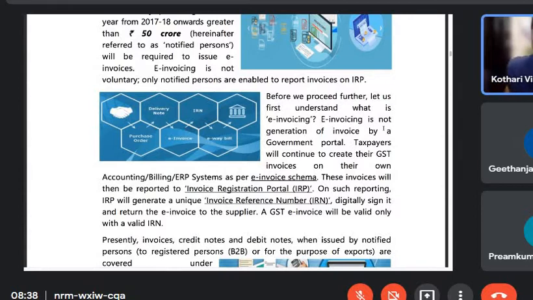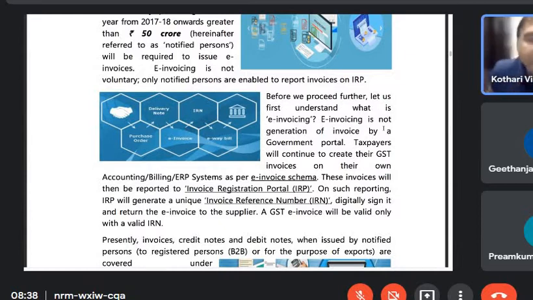That portal, what it does is, you have your invoice. In the invoice, you have your company name, company address, GST number, the date and invoice number, the recipient's name, address, GST number, then the quantity, the HSN code, the goods, the value, the tax. So many details are there in your invoice.